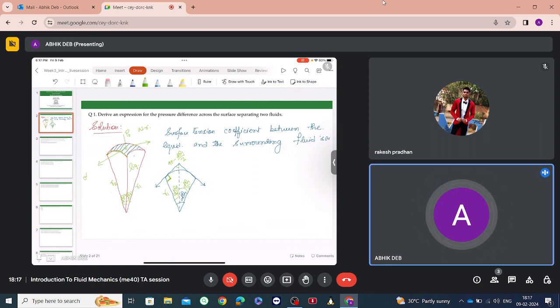So this length is d theta 2 r2, and similarly on this side it will be sigma d theta 2 r2. Again the surface tension will also be acting on these sides, on this line, so this will be sigma d theta 1 r1, and this is sigma into d theta 1 r1. Okay.